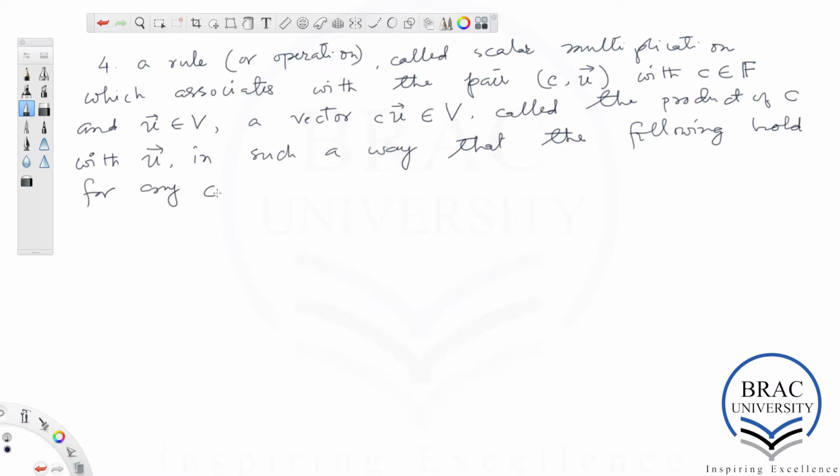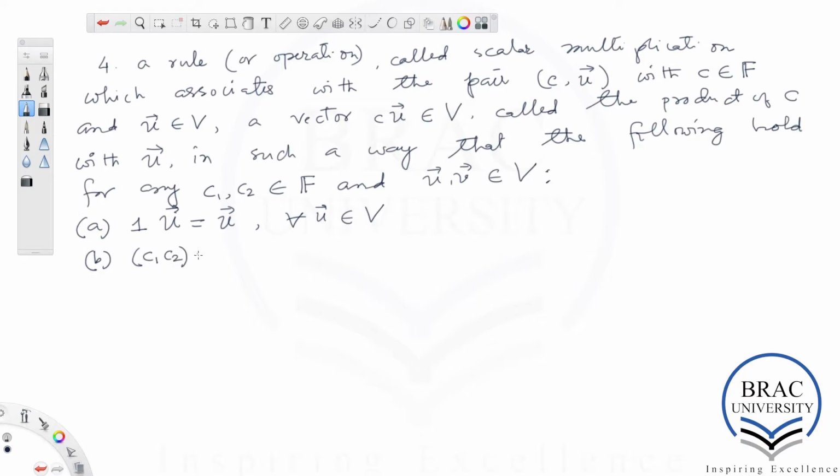for any c1, c2 in the field F, and u and v in the set V. The first one being the scalar 1 times the vector u is equal to u, and this holds for all u in the set V. The second is that (c1 times c2) times the vector u: it means that you have the multiplication operation in the field F, and with respect to that operation you multiply c1 and c2 first, and that results in a new scalar, c1 c2.